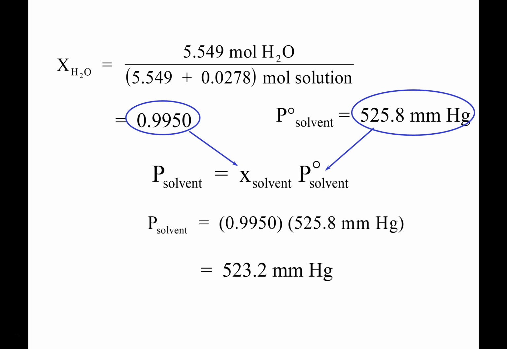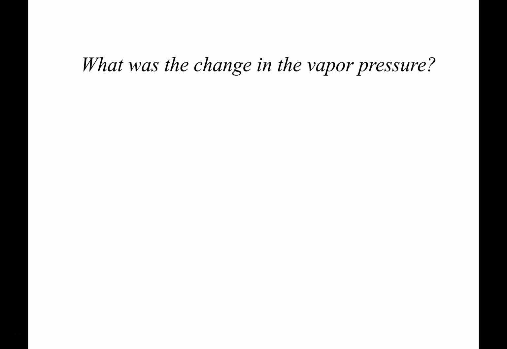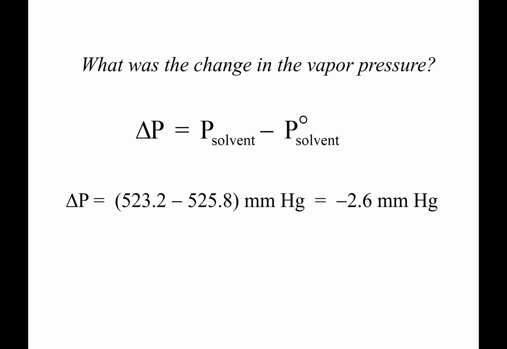Vapor pressure lowering. A follow-up question, and I don't think I have this slide for you, is, well, what was the change? Change is final minus initial, and the final is going to be the solution, the glucose with it, and the initial is going to be the pure stuff.